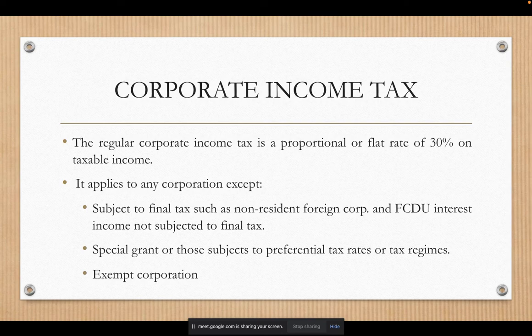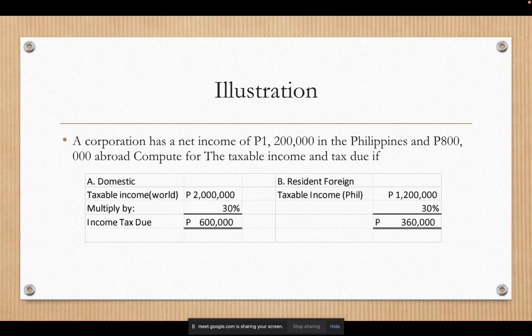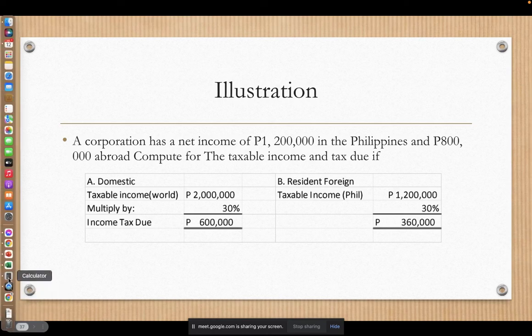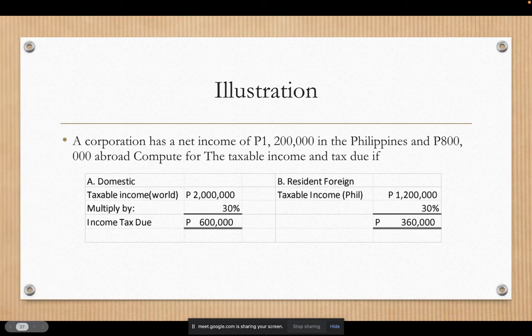It applies to any corporation except those subject to final tax, of course, such as non-resident foreign corporations and FCDU interest income not subjected to final tax, special grants, or those subject to preferential tax rates or tax regimes, and then exempt corporations. So, for example, kung gagamitin natin dito ang ating new rate, no? A corporation has net income of 1.2 million in the Philippines and 800,000 abroad.